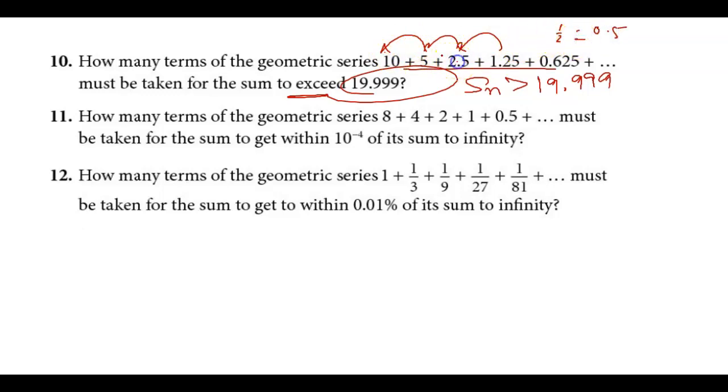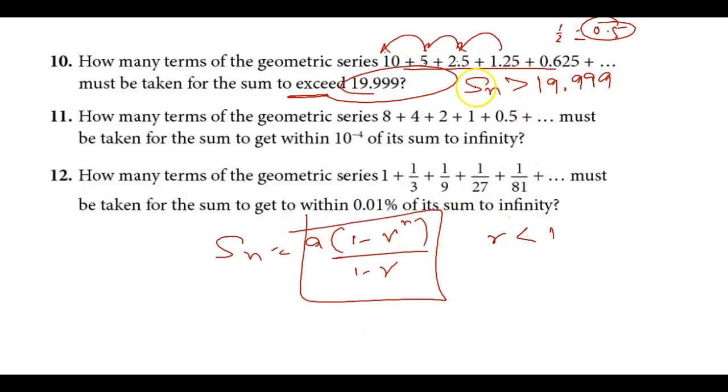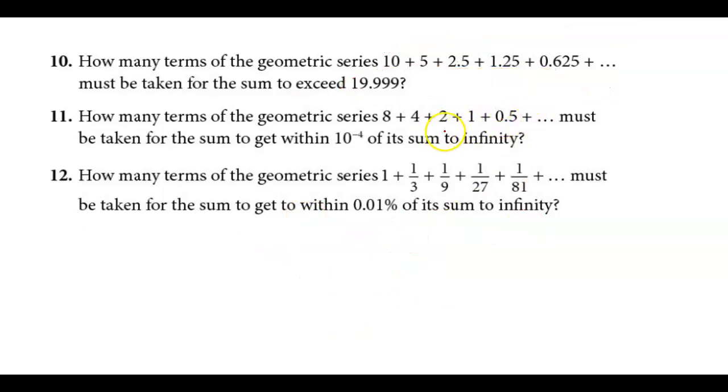Okay. Again 2.5 divided by 5 is 0.5. 1 by 2, that is 0.5. Okay, now here Sn equals a into 1 minus r raised to power n upon 1 minus r. Why? Because r is less than 1. Okay children. So you'll apply this formula and try to solve these questions.